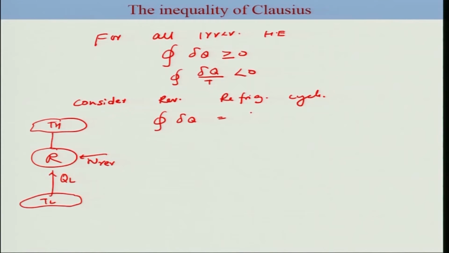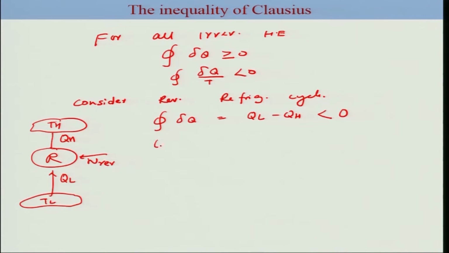This is going to be your QL into the system, and then this is your QH out, and considering QH is going to be more than QL, because of the work supplied or work done on the refrigerator, or the work input to the refrigerator, thus QL minus QH is going to be 0.